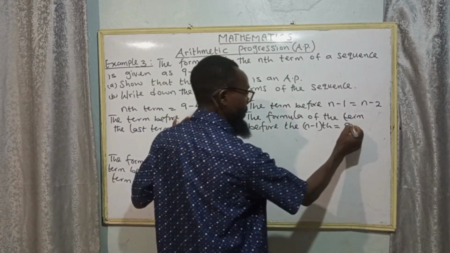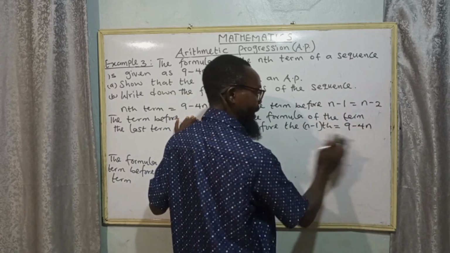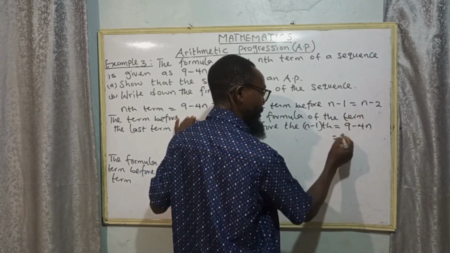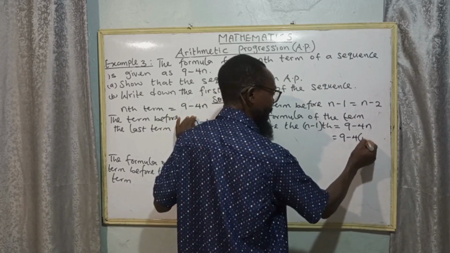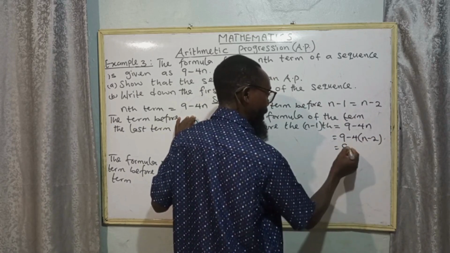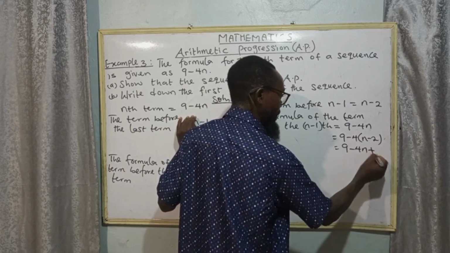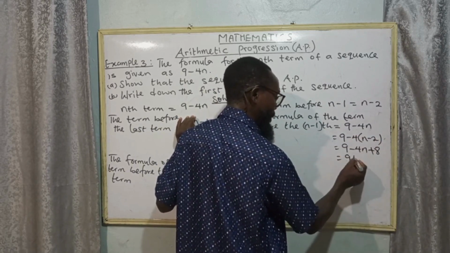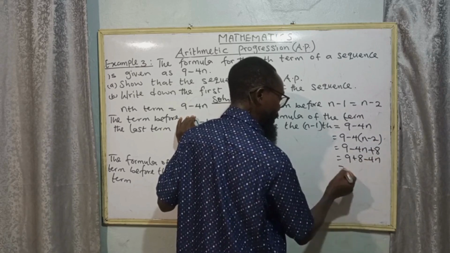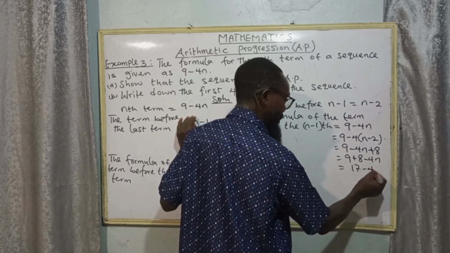We have 9 minus 4n, so anywhere I see n, I substitute this. So I have 9 minus 4 brackets n minus 2. So we have 9, minus 4n, plus 8. So we have 9 plus 8 minus 4n, which is equal to 17 minus 4n.